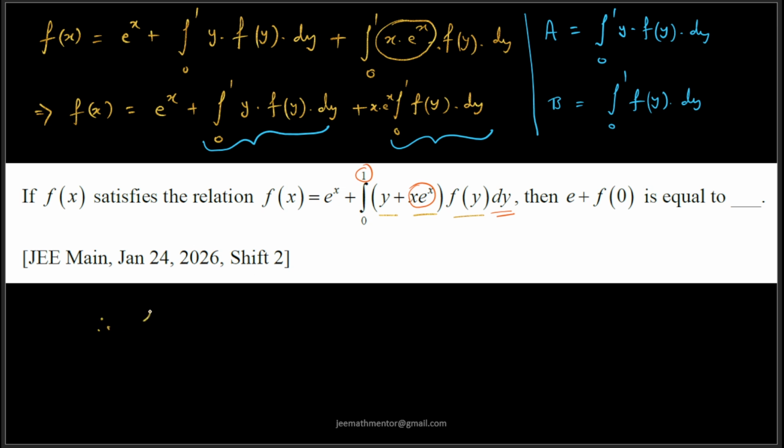Then we observe that f(x) becomes equal to e to the power x plus A plus x e to the power x times B.